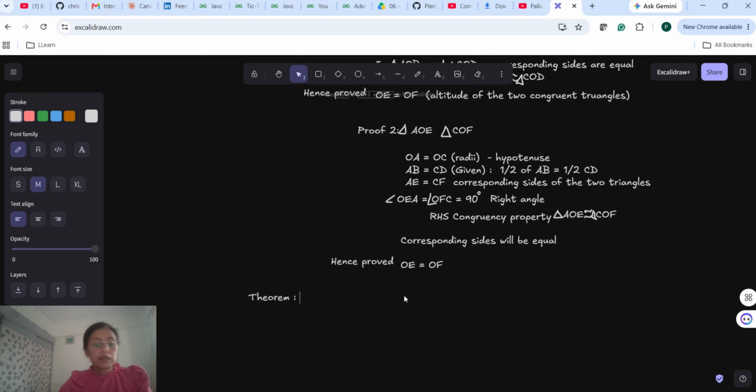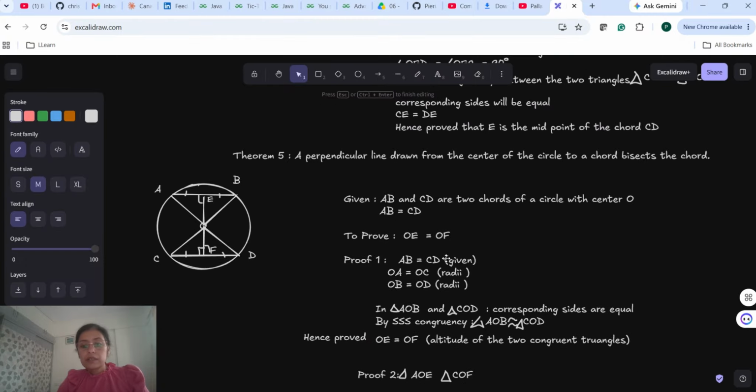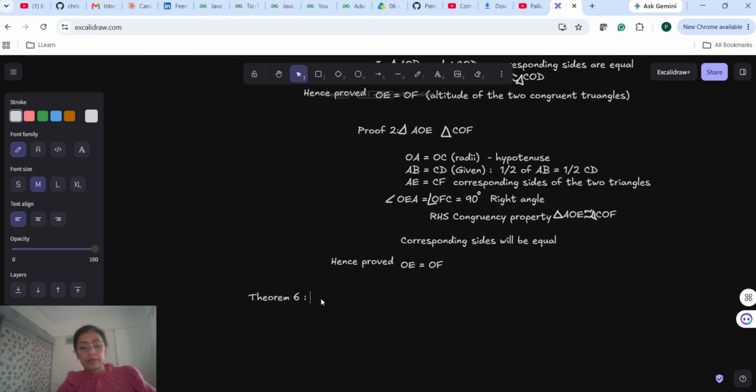Okay. So with this, let's write the theorem. Which theorem will it be? I guess 6. Yeah. So how do we write this theorem? We have two chords of the same length, and we have to prove that the distance of the two chords from the center is equal, right?